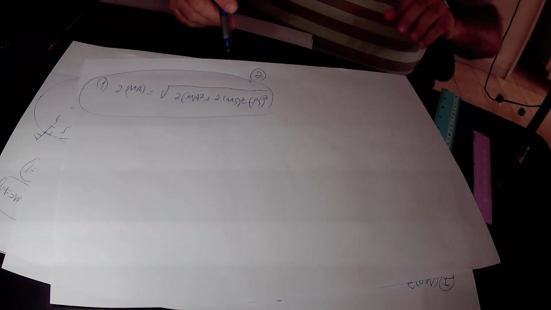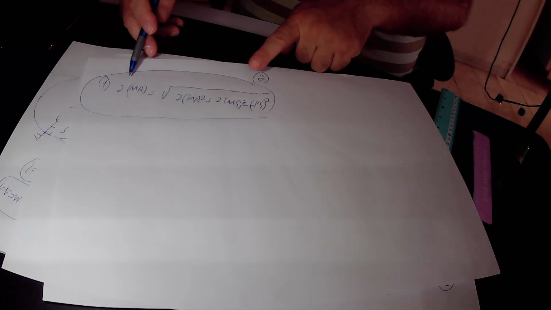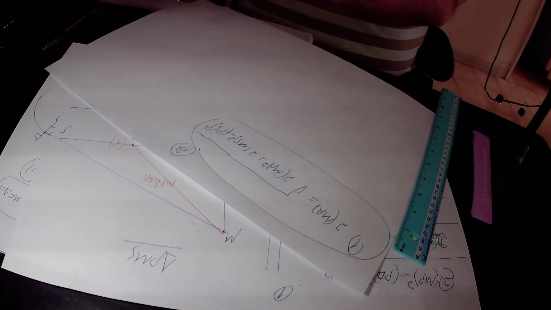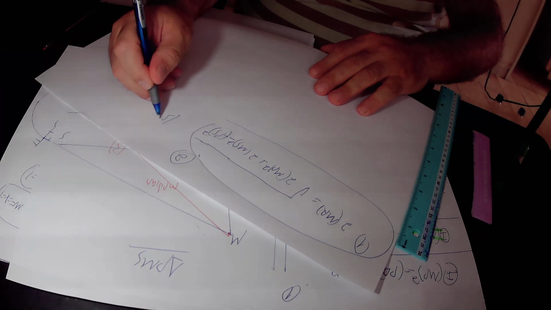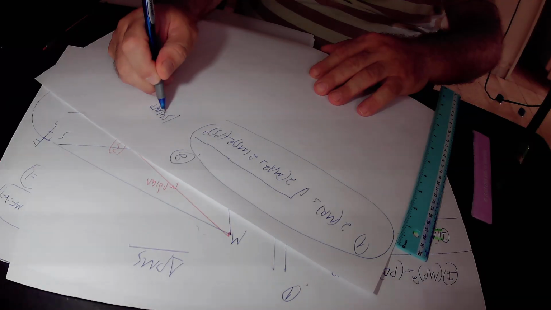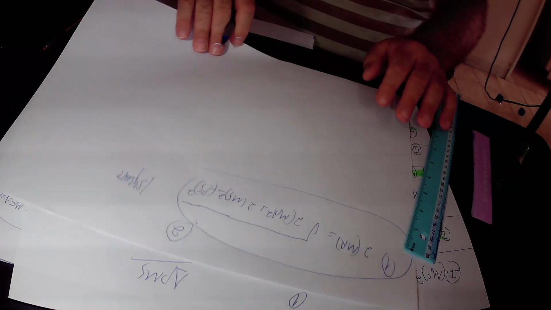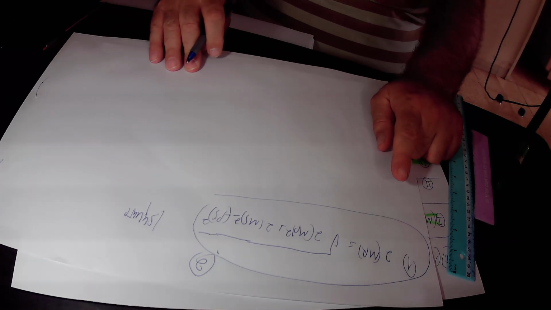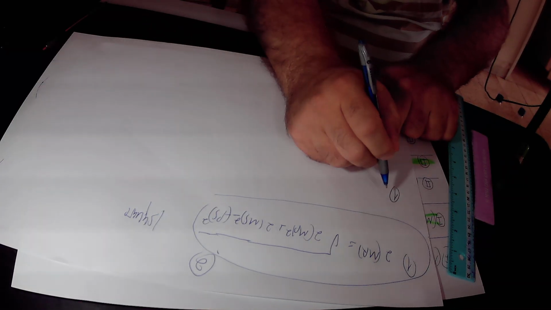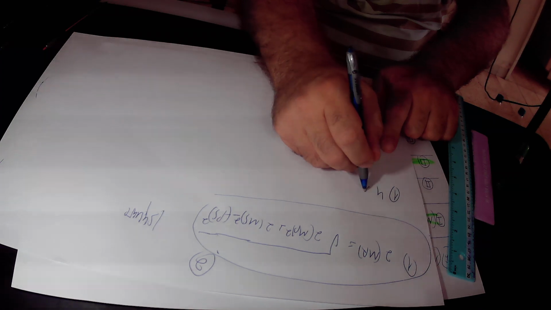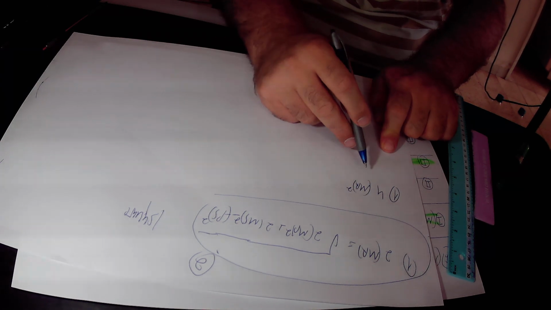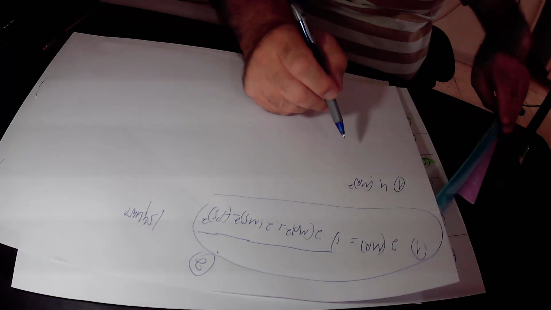So here we'll square both sides of this equation. What is the value of 2 times MQ squared? Actually it is 2 squared, that is 4 times MQ squared. So in total, (2MQ) squared is equal to 4 times MQ squared.